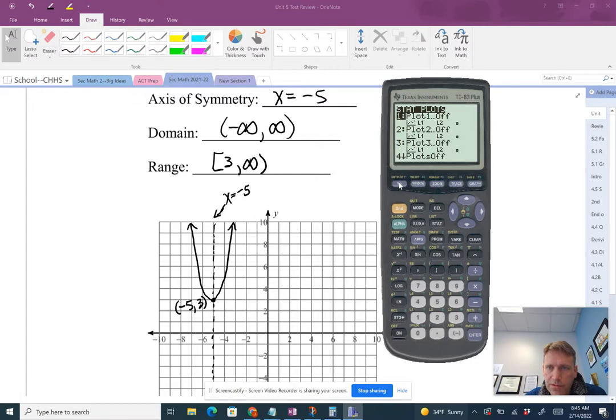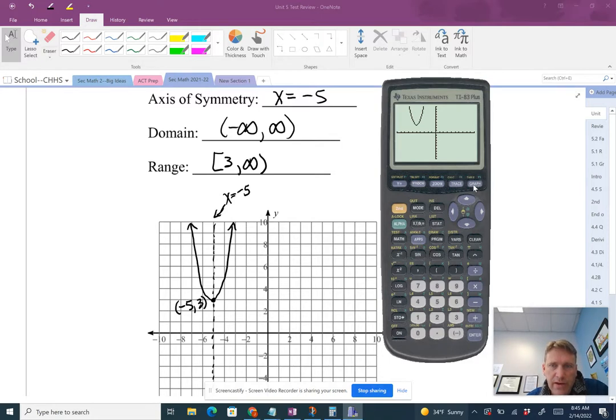Hit y equals, and then I just plug in my equation here: 2 parentheses x plus 5 squared plus 3. And then I hit graph. And yeah, it looks pretty much the same as what I've got here. So you can use that to help you out.